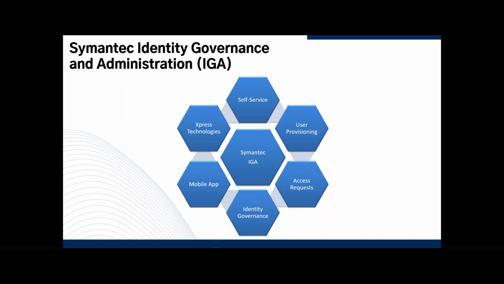So user provisioning. When we talk about IGA, we talk about the solution sets: self-service, user provisioning, access requests, identity governance, mobile, and express technologies. These make up what Symantec IGA is. This is the core value proposition that many of you are looking for.